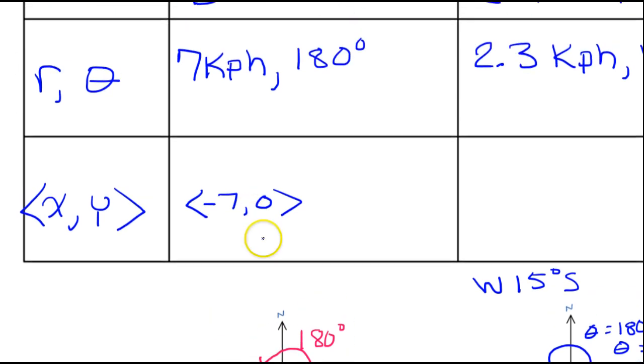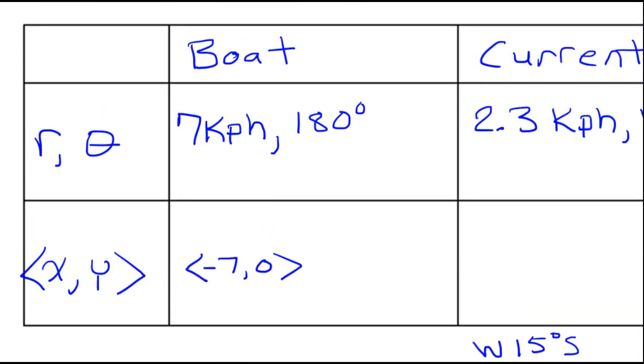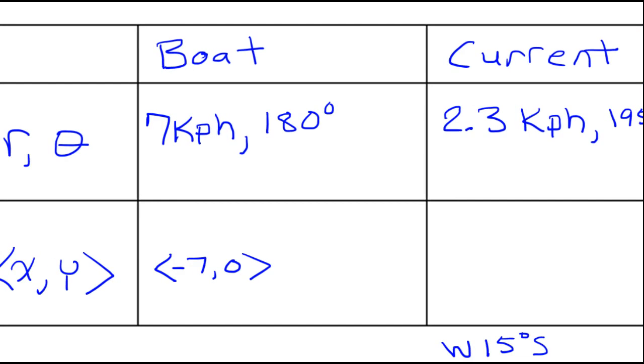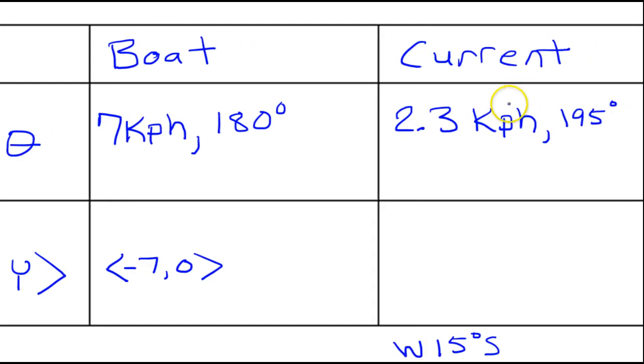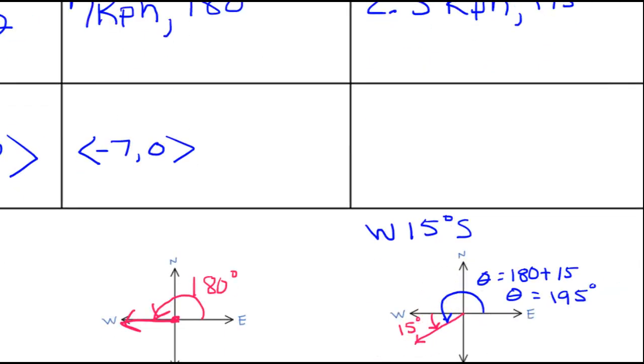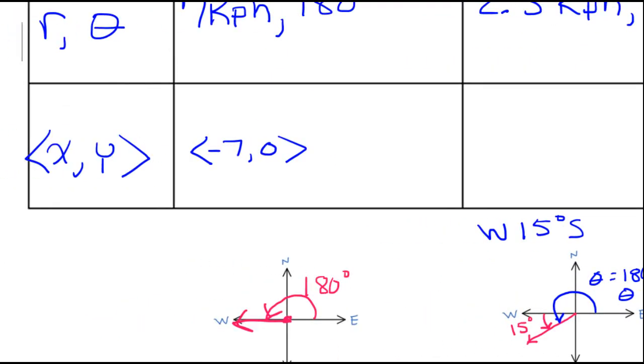So that's it. No calculator, no nothing. Now, on the other hand, when I want to convert the current into component form, it's not horizontal or vertical. So I need to remember that anytime I want the horizontal component, I do r cosine theta, and the vertical component is r sine theta.